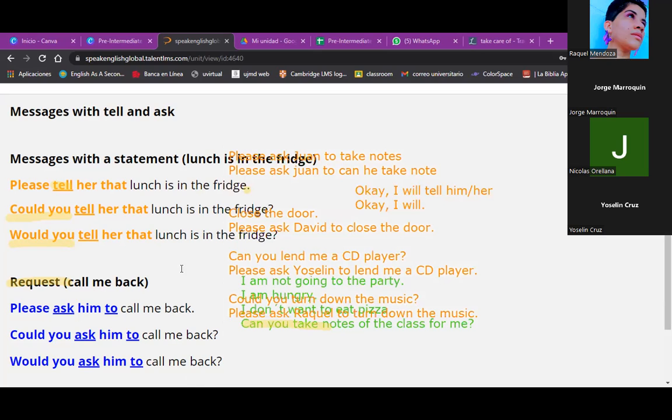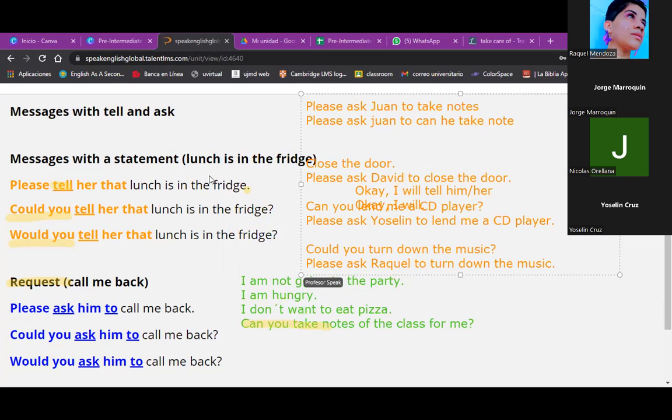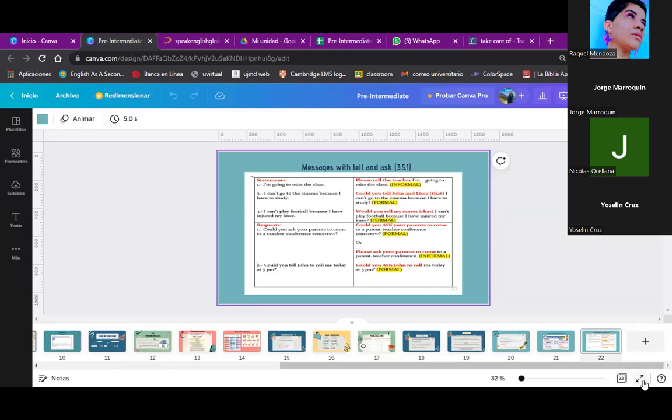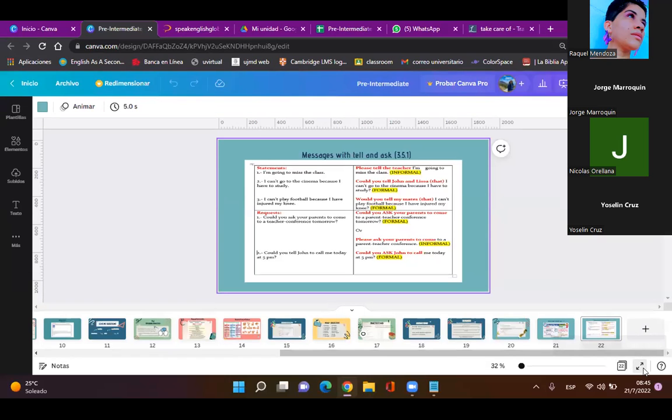Okay, guys, do we understand how to transmit messages or how to transmit statements and requests as messages? Yes. Okay, let me show you some other examples.